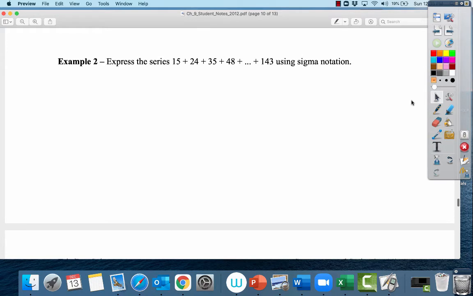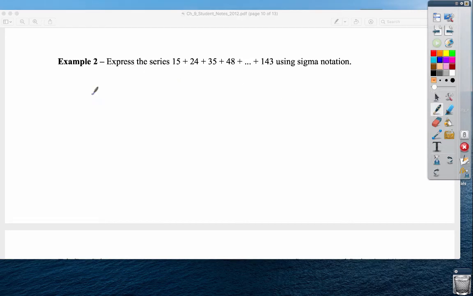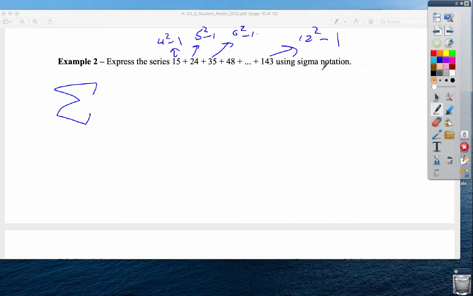If you had to write one, first of all, you need to figure out how am I getting these terms, and where am I starting and where am I ending? 15, 24, 35, 48, up to 143. That's a little bit awkward. But it looks to me like this is 4 squared minus 1, 5 squared minus 1, 6 squared minus 1, all the way up to 12 squared minus 1.